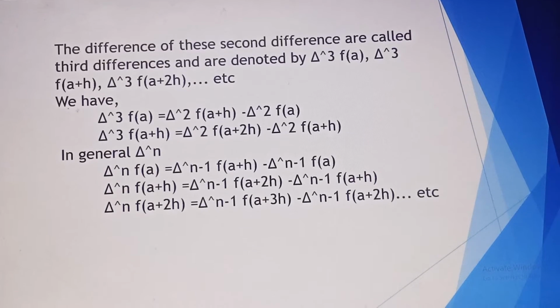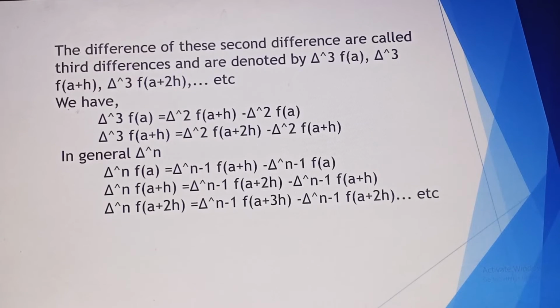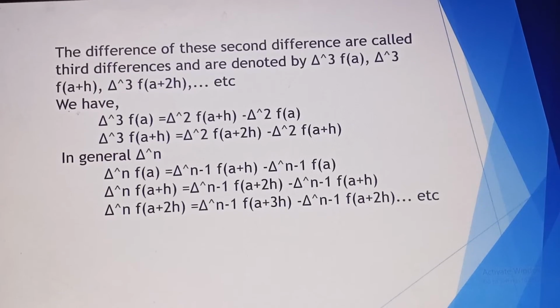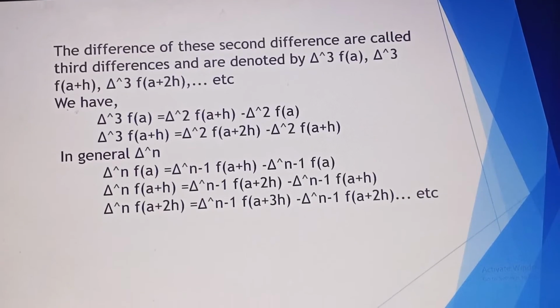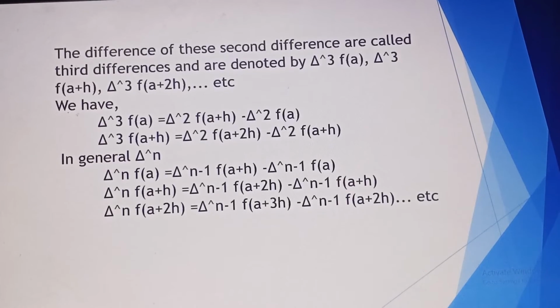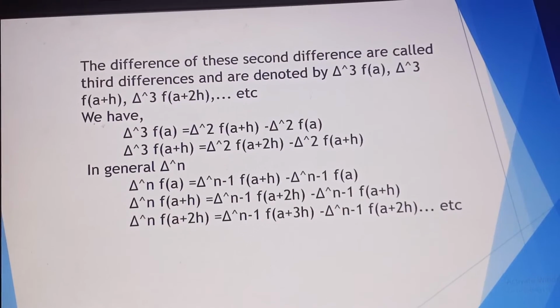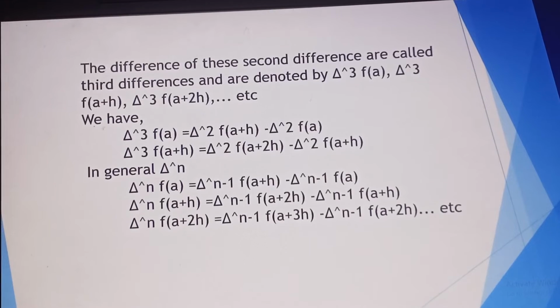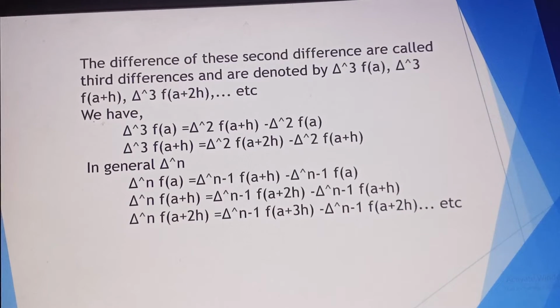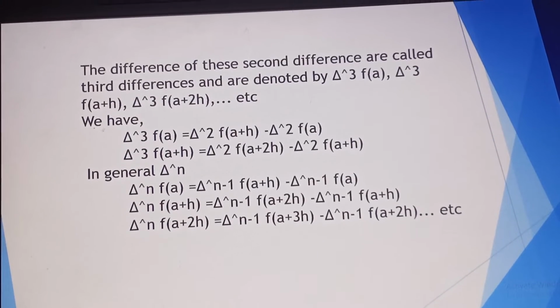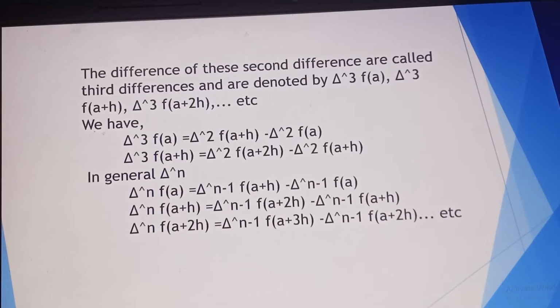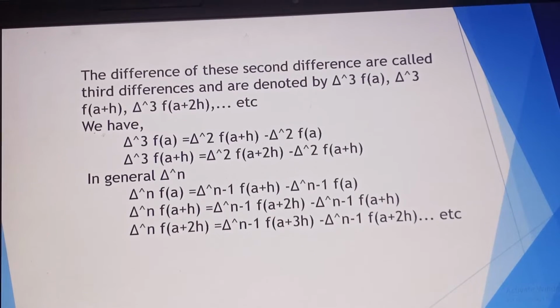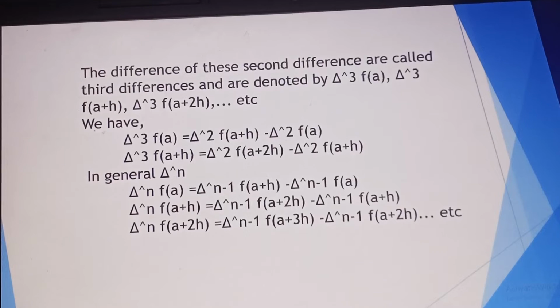Delta cube f of a plus h equal to delta square f of a plus 2h minus delta square f of a plus h. The differences of these third differences are called fourth differences and are denoted by delta raised to 4 f of a, delta raised to 4 f of a plus h, delta raised to 4 f of a plus 2h, etc.